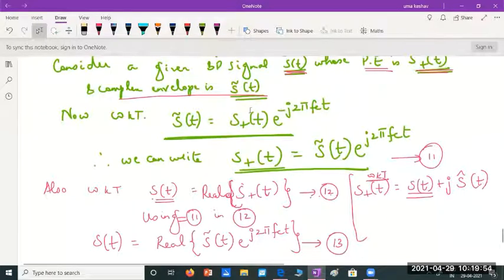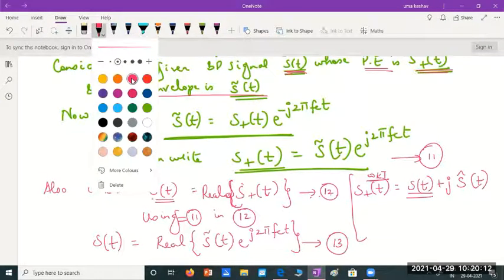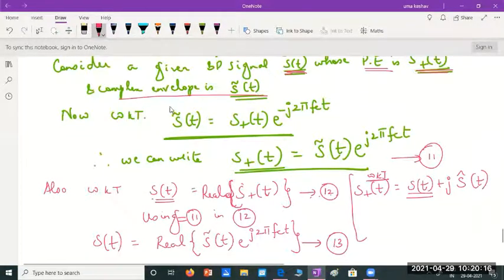Next, suppose I want to isolate the pre-envelope and write it in terms of complex envelope. All I have to do is just multiply this equation with e power j2 pi fct.